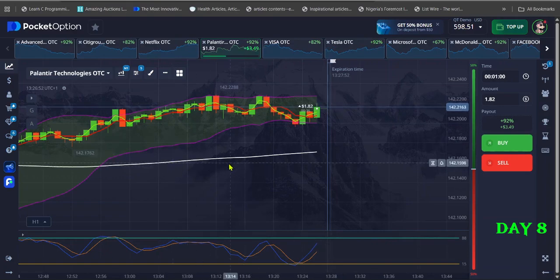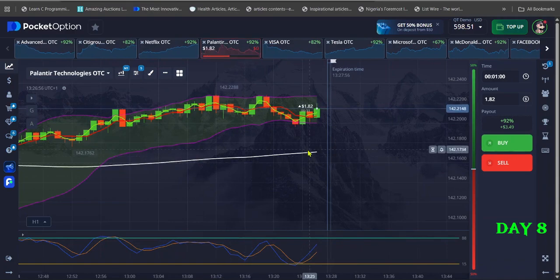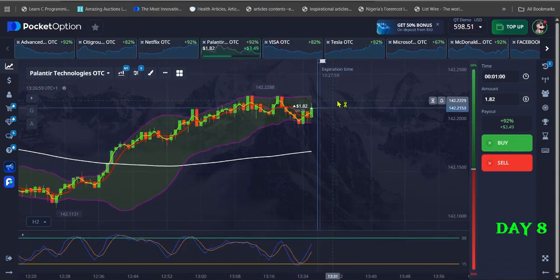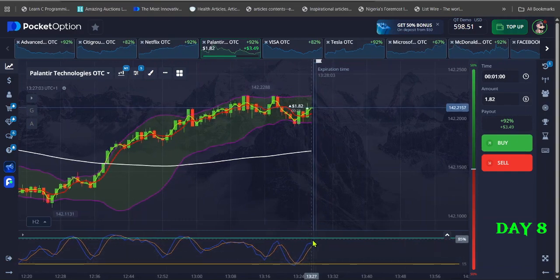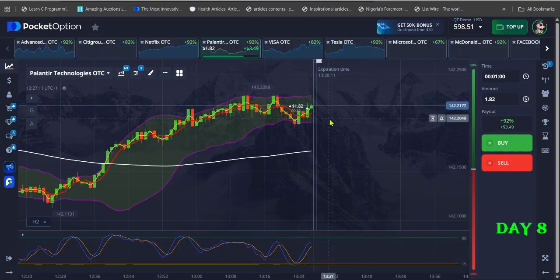Our 100 moving average is showing us that the trend is to the upside. And our stochastic oscillator has also given us the indication that this price might be going up because it has crossed from the lower section. So I'm expecting this to go in a positive way.